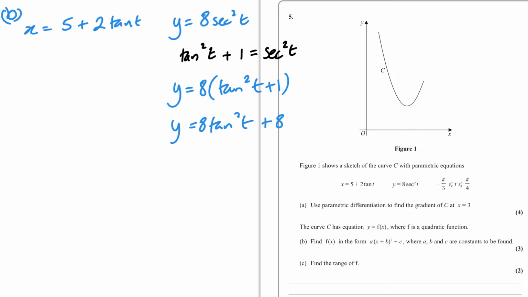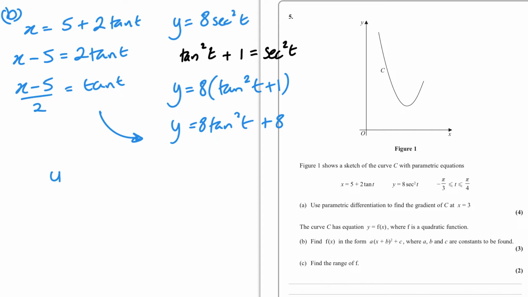Then from the x, we have x minus 5 equals 2 tan t. Divided by 2, I get x minus 5 over 2 equals tan t. And then that is what I want to substitute into my y. So that leaves me with y equals 8 times x minus 5 over 2 squared plus 8.